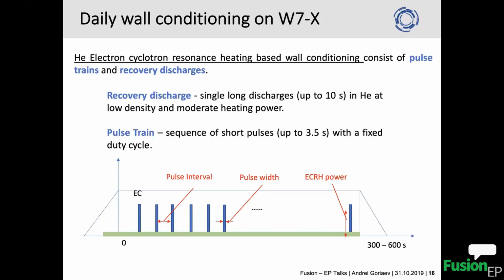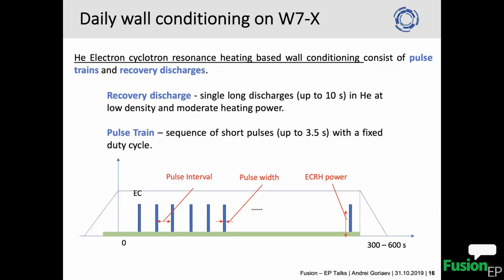In the case of W7-X, what we found out is that with ECRH wall conditioning, we are cleaning mostly the divertor area. So in this case, the plasma wetted area plays a big role, and we need to increase it.